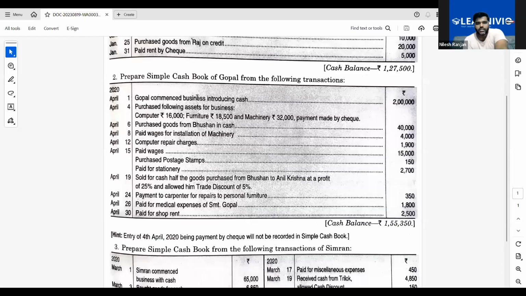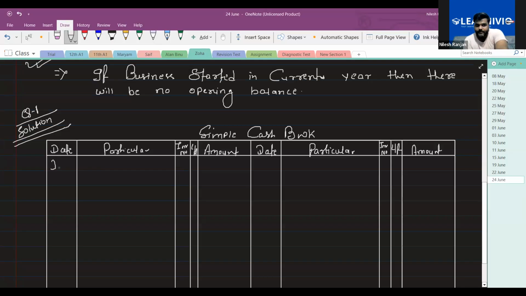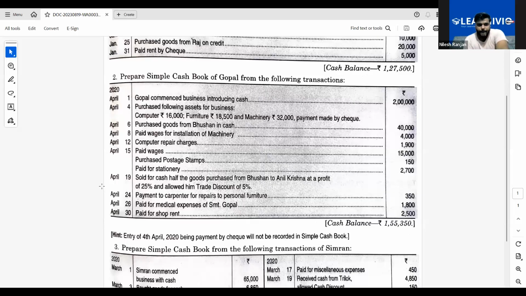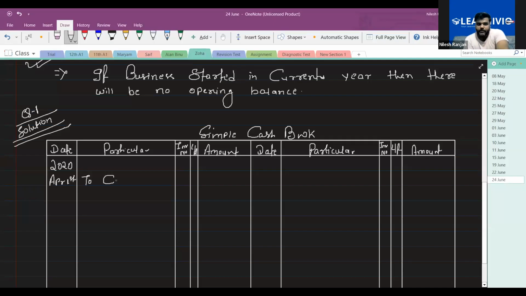So here it is: Gopal commenced business introducing cash. This year the business started, so that's why there is no balance. 2020, April 1st, it is 'To capital'. Actually, you can solve it by writing a journal entry, and then prepare it.